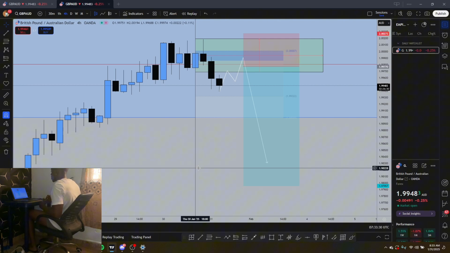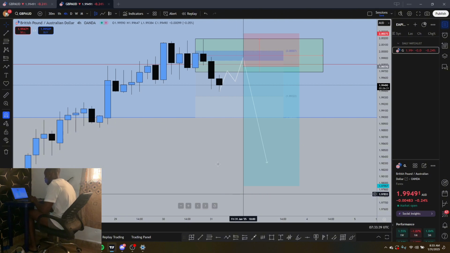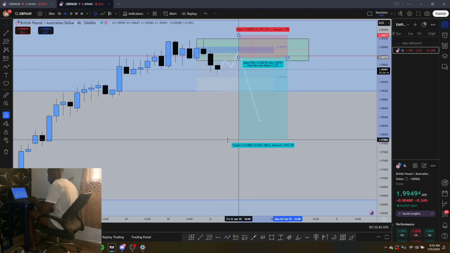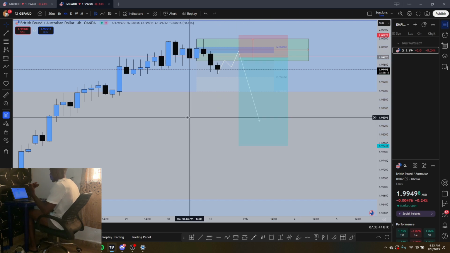If it's going to take one week, I don't mind. All I need to do is take the right positions at the right time. For each trade, I'm going to be targeting 1 to 3 R. At 1 to 3 R, I'll take some of my position out of the market and leave the rest to run. It's very simple, just a simple plan, and I want to stick to this plan and see where it takes me.